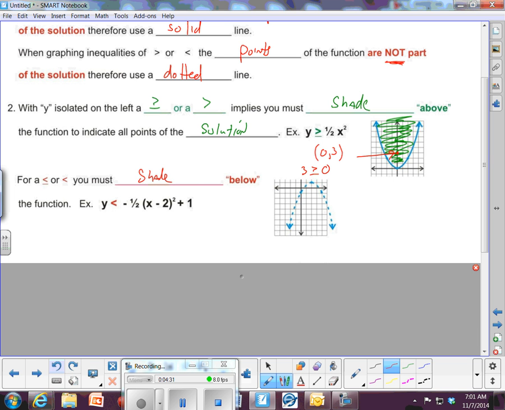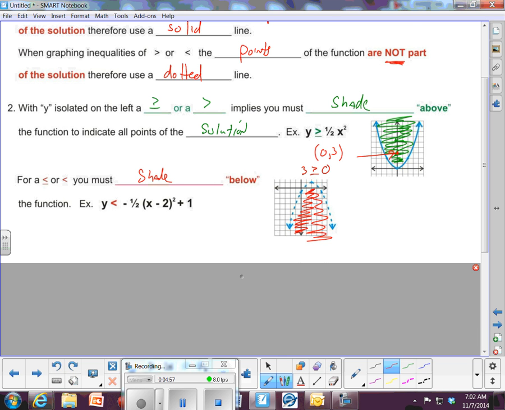Notice it's a dotted line. Why dotted? Because each of these points along this line do not make the inequality true. They're the equal to part. None of those points make the inequality true, and therefore they are not part of the solution. So we use a dotted line. Less than, we're going to shade below the curve.